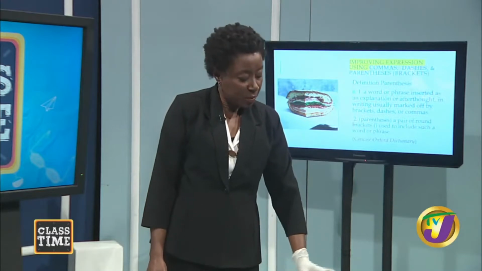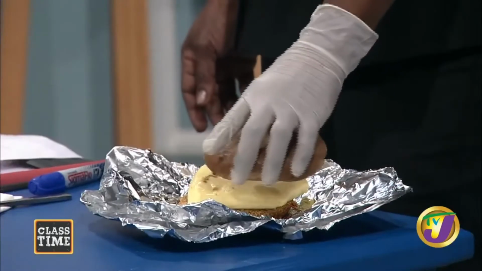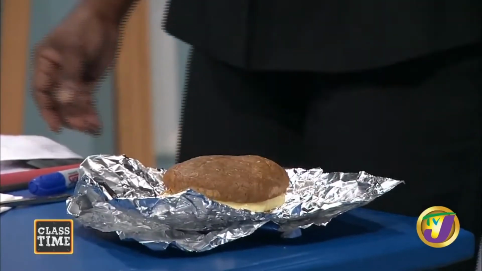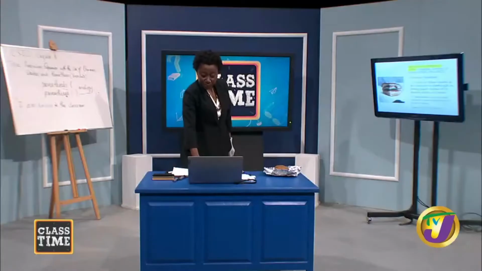When you add something extra to improve the thought, you have added a parenthesis to the sentence. So you could say the cheese is representing parenthesis, or the additional information in the sentence. Let us continue.